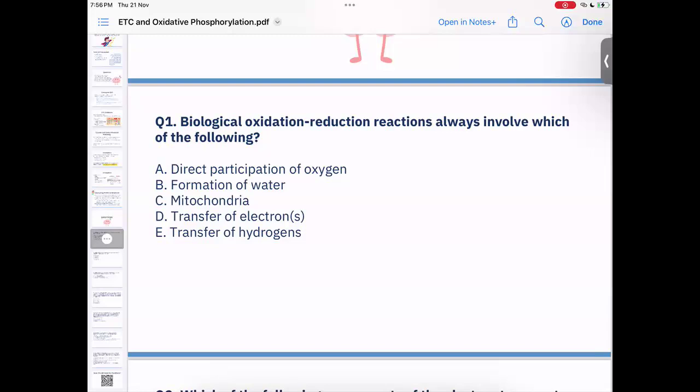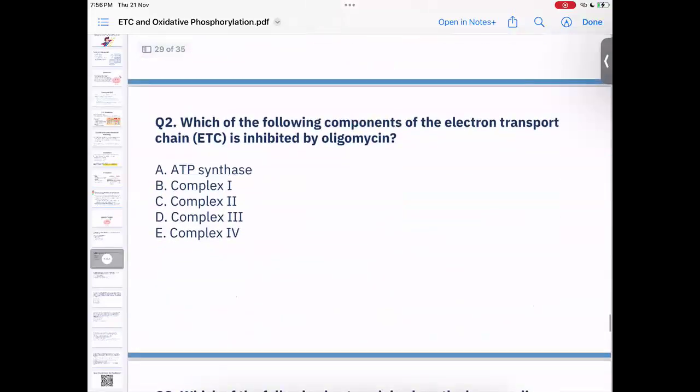Now, moving on to question 2. Which of the following components of the electron transport chain is inhibited by oligomycin? Yes, perfect, ATP synthase.